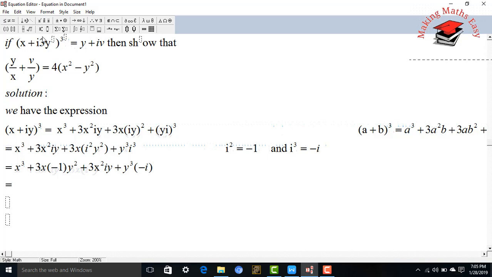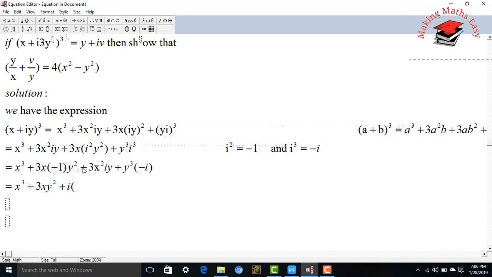So now we have to solve it. First of all it will be x³ − 3xy², and then plus, we have to take i as common and put a bracket for the imaginary part.